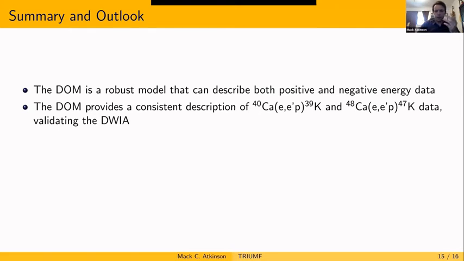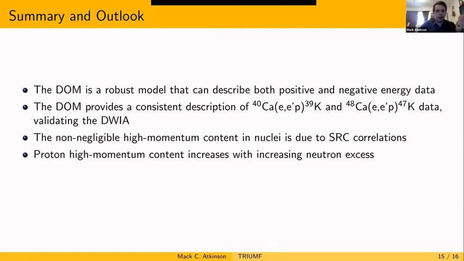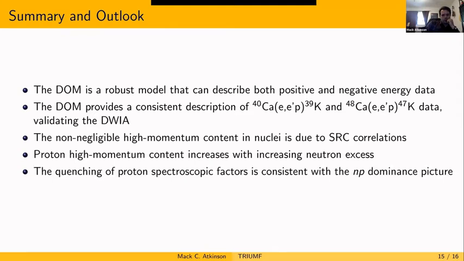So it provides consistent descriptions of (e,e'p) in calcium 40 and 48, and this high momentum content is one of the things responsible for the observed quenching of spectroscopic factors.